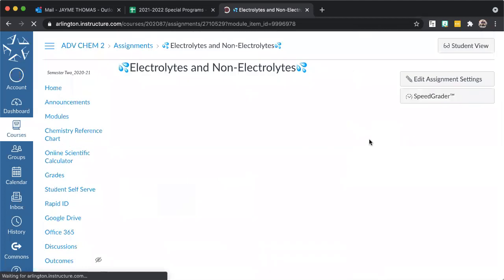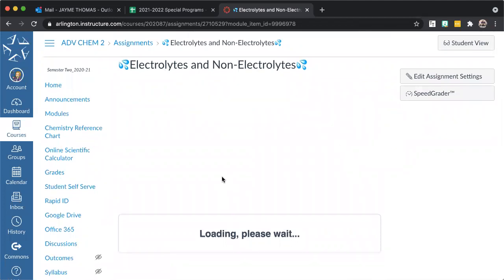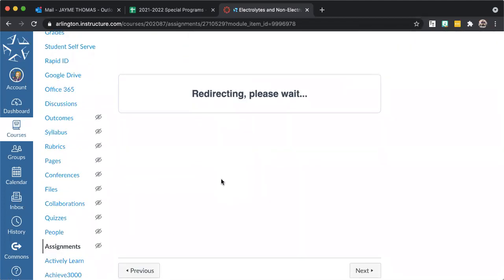At the very end, when you're on your asynchronous time, the very last page is going to be some practice questions. I clicked on the wrong thing. Let me go back.